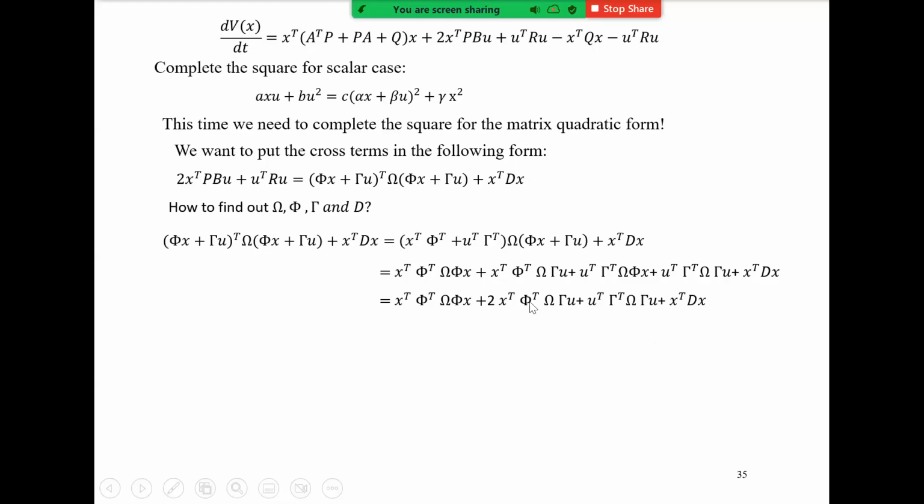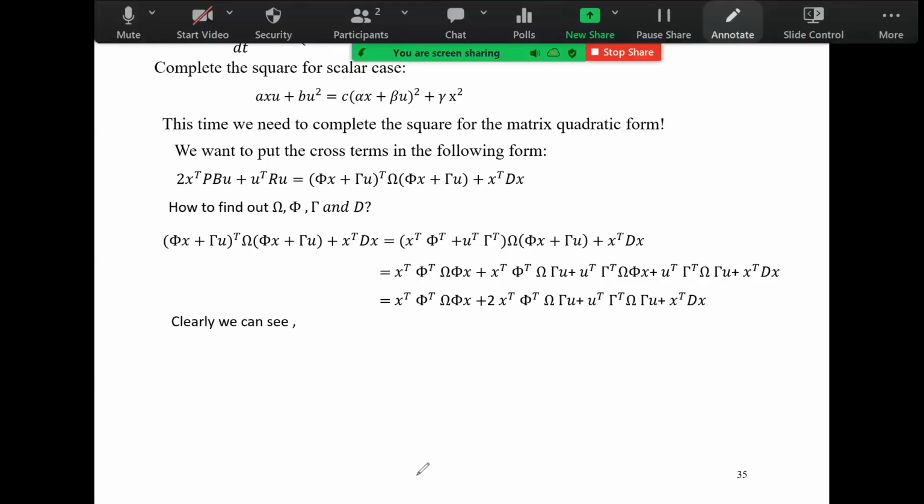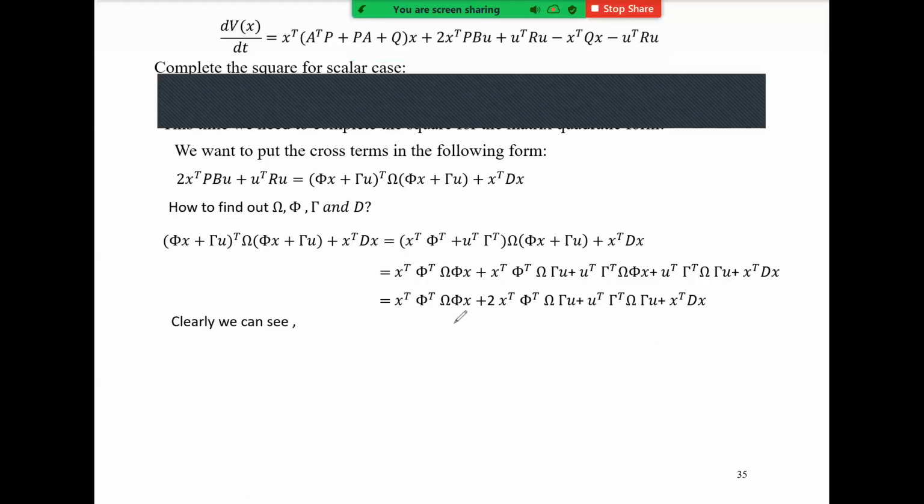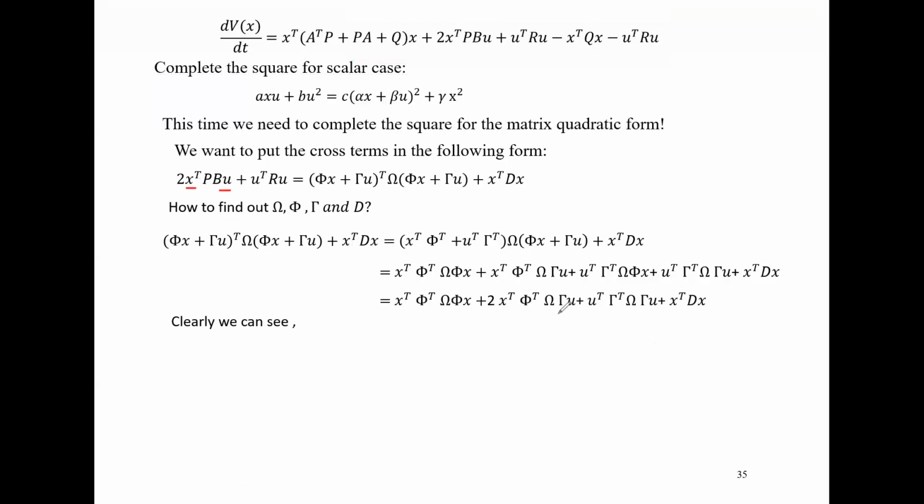And then we know this is supposed to be equal to this one. So clearly, let's look at the term with x transpose times u.